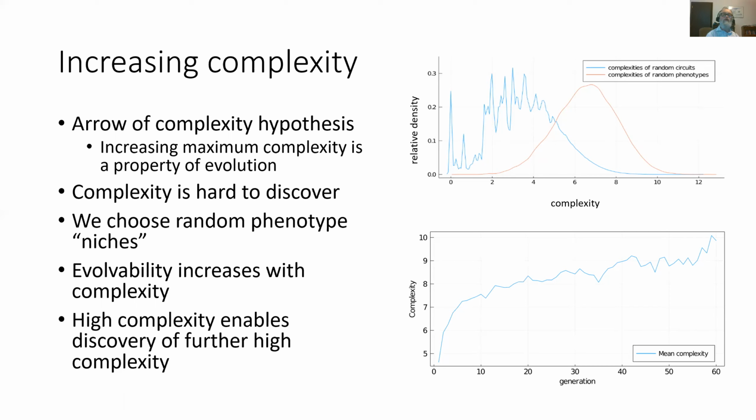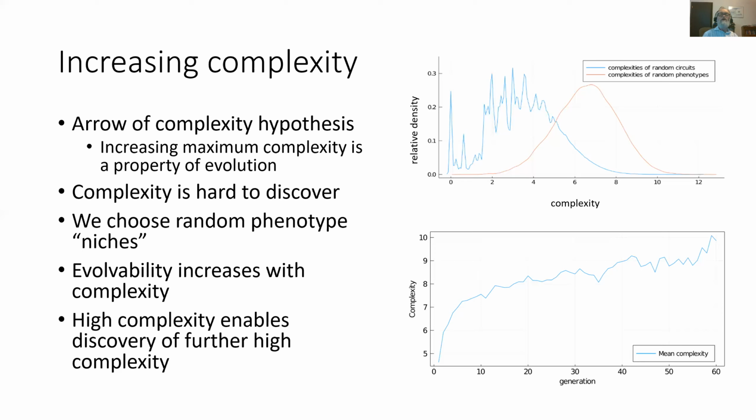In order to evolve complexity, any complexity that's discovered must be adaptive in order to be maintained by evolution. So we set up random phenotype niches that we make adaptive. Most of those random niches will be more complex, but not all.